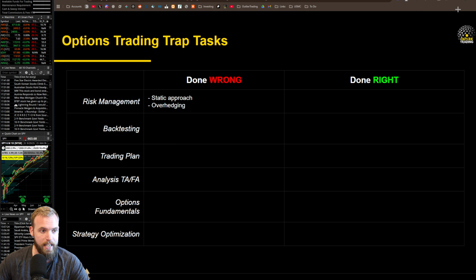Overhedging. This often is due to the risk-averse nature of traders, and it spits in the face of what we're really trying to do, which is speculate. The reason why there is a return that can exceed the market return, beta, is because there's risk.